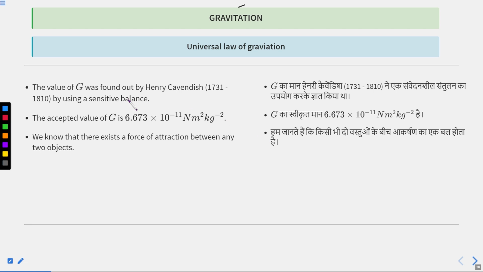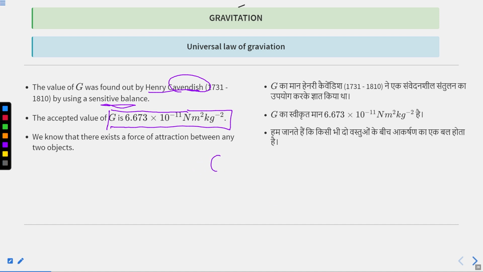Now, what should be the value of G? It was calculated by a scientist named Henry Cavendish with a device called a sensitive balance, and he found the value of capital G to be 6.673 into 10 raised to the power minus 11 Newton meter square divided by kg square. You have to memorize this value.